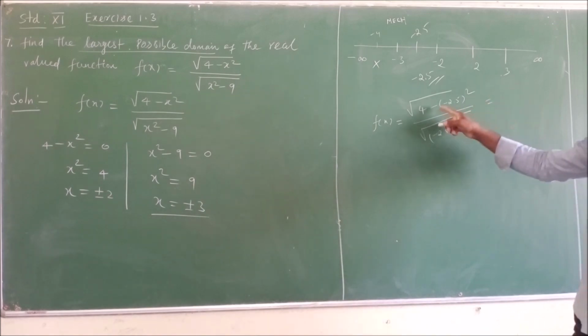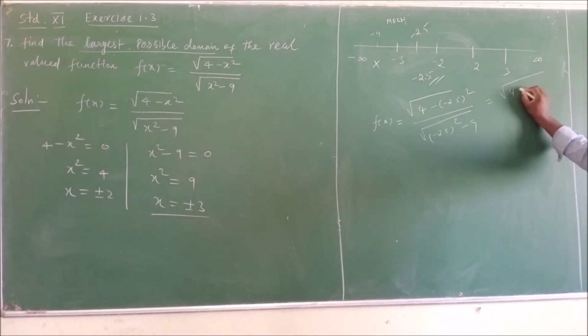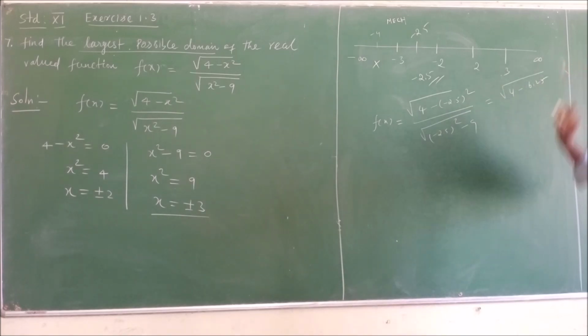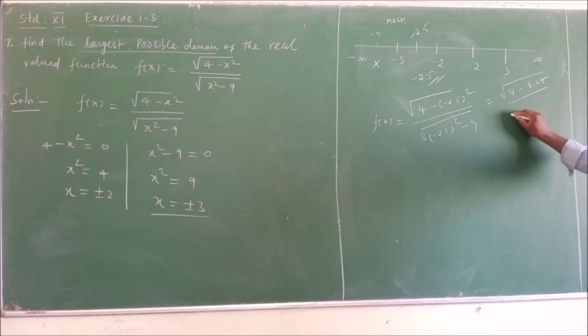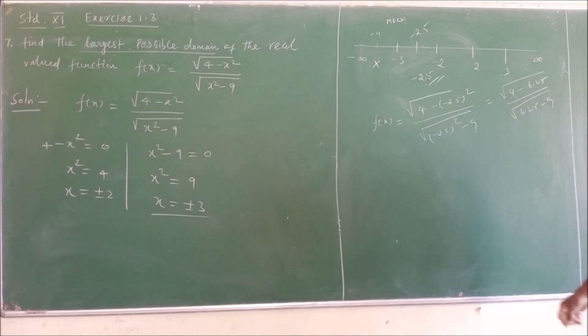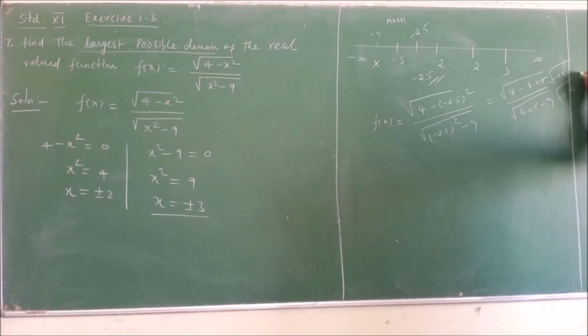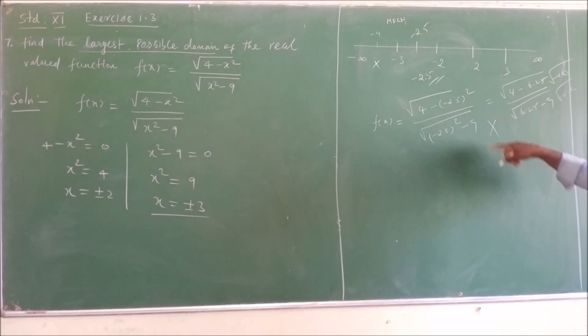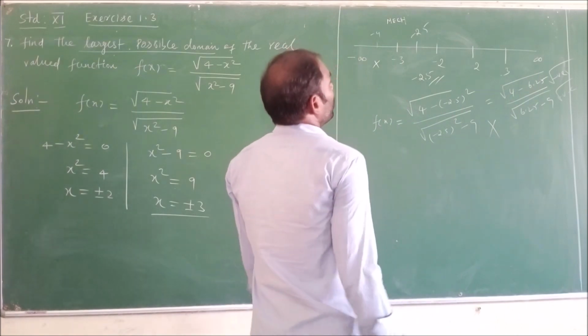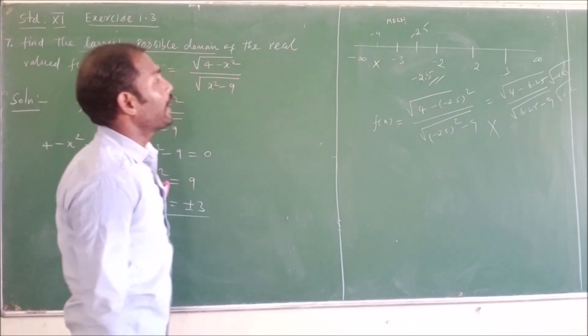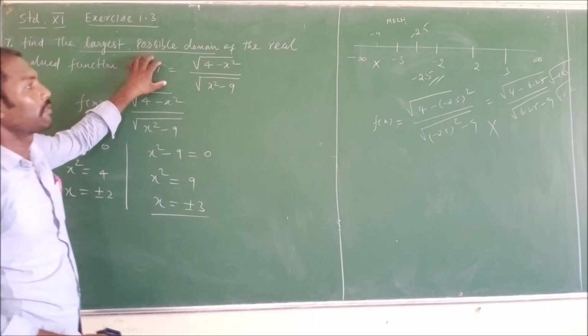The numerator is square root of 4 minus 6.25, and the denominator is square root of 6.25 minus 9. Both are negative values, for numerator and denominator. So this interval cannot take any value in f of x.